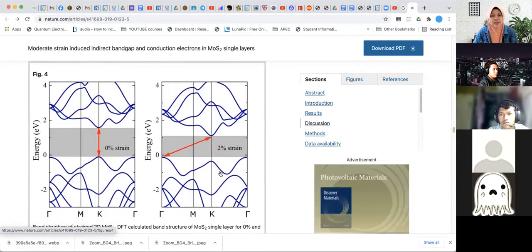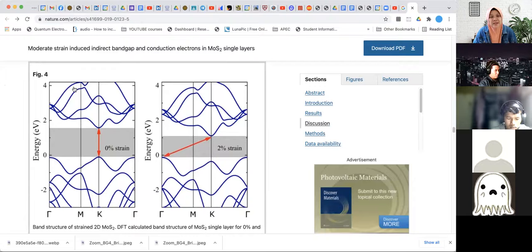This is the energy band diagram, the actual energy band diagram. You can see it's not straight. It curves up and curves down, and there are multiple levels. The band structure is not just one band.